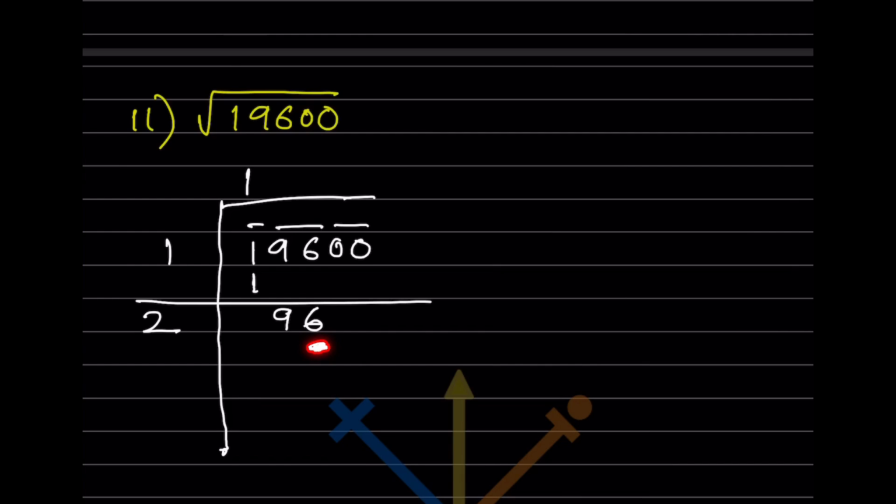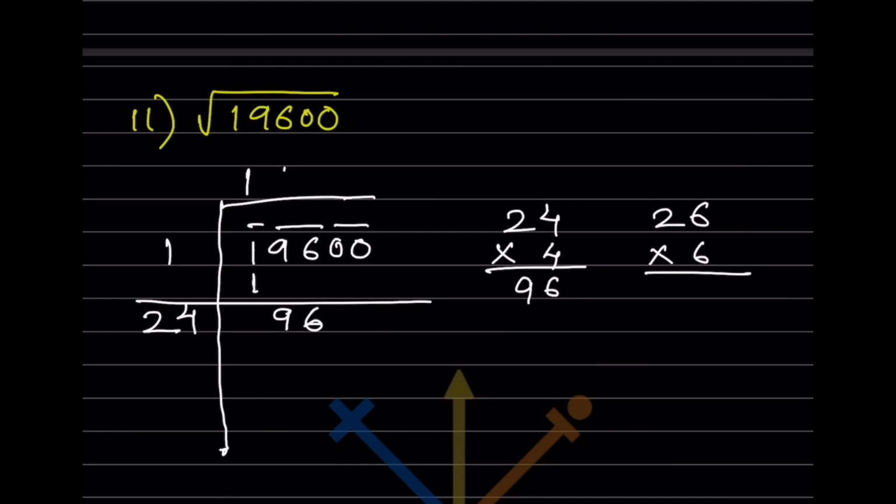So what will you write here? It should be 4 4s are 16 or 6 square will be 36. Now let us see for both of them. It will be 24 or 26. So here itself we get 96. So we don't have to do the other number.